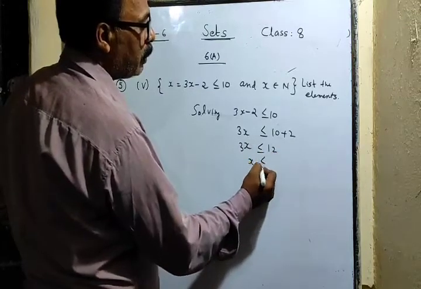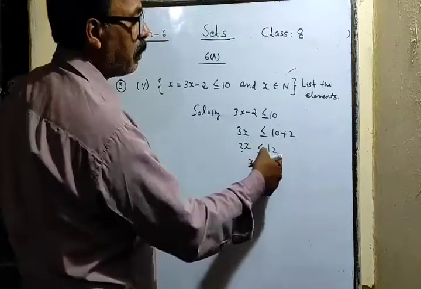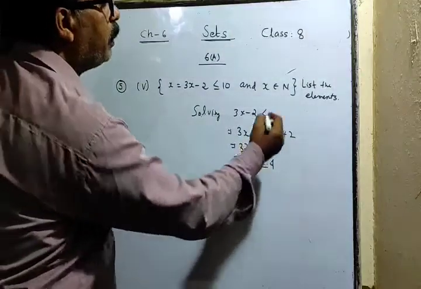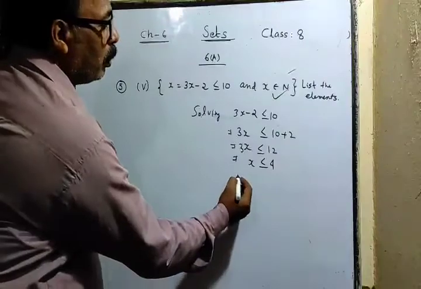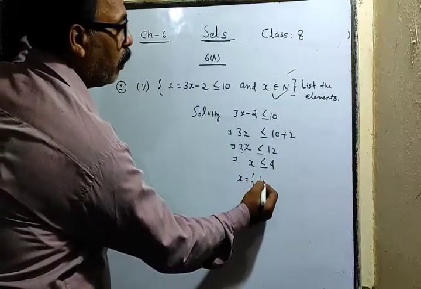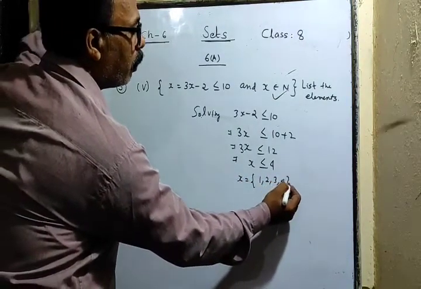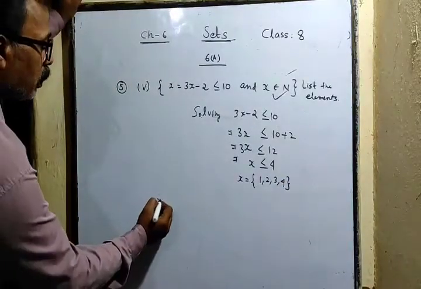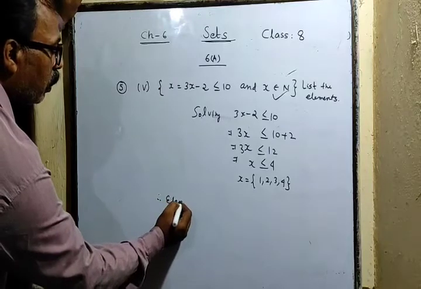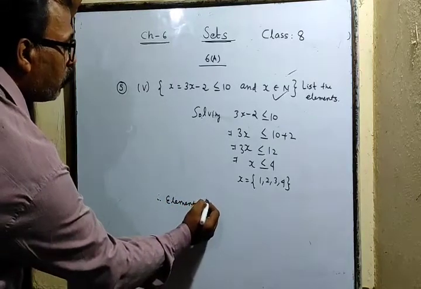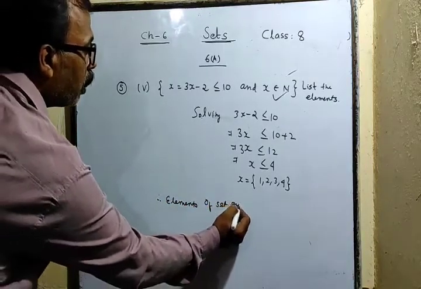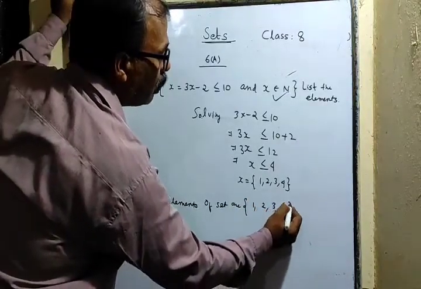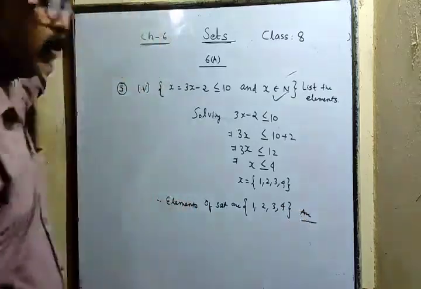So x will be less than or equal to 4, as 3 goes into 12 four times. And it is provided that x is a natural number, so the value of x can be 1, 2, 3 and 4. So hence, the elements of the set are 1, 2, 3 and 4. This will be your answer.